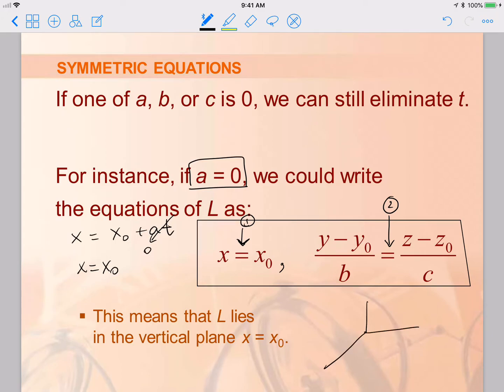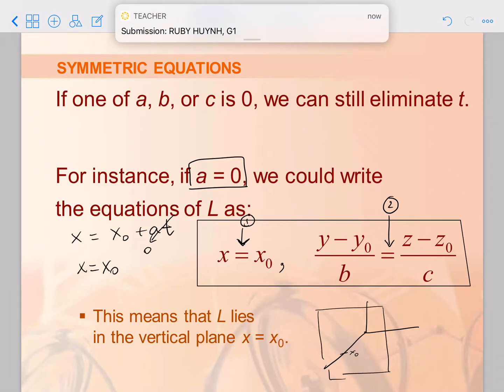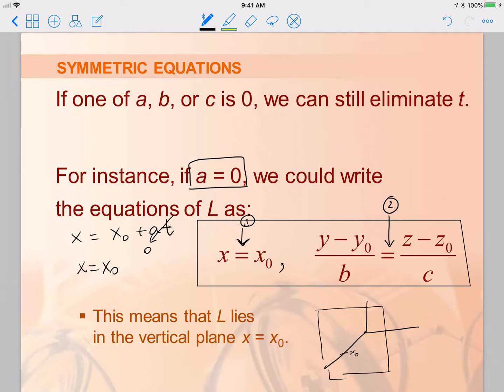So what does the plane x equals x naught look like? Say here's x naught, the plane x equals x naught is vertical, okay? And our line has to be in this plane because every point x, y, z that's in the line has to have x equal to x naught.